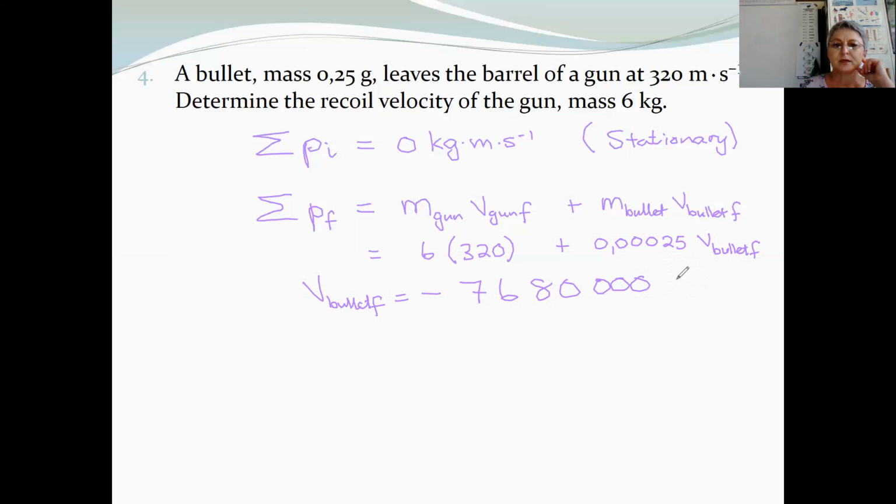Maybe the bullet's mass is too small. With the values that we've got here, 0.25 grams is 0.25 times 10 to the minus 3 kilograms. So I haven't made a mistake here.